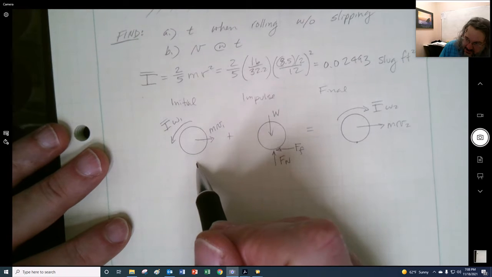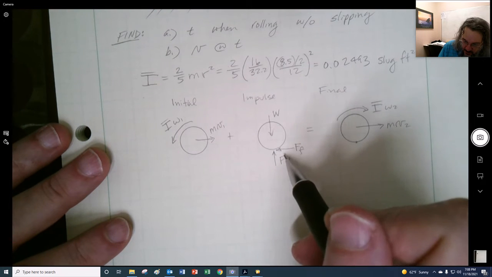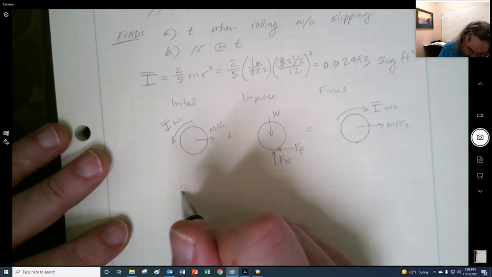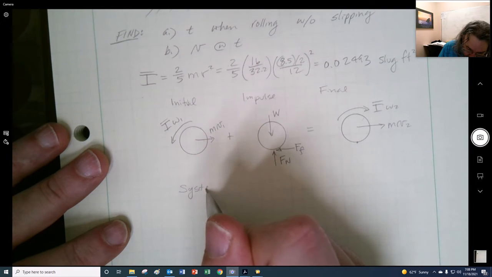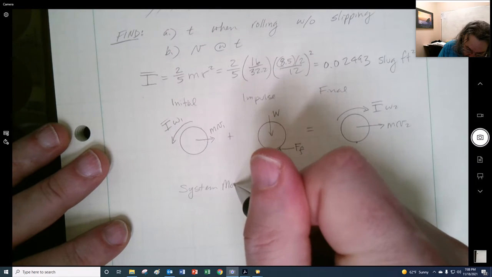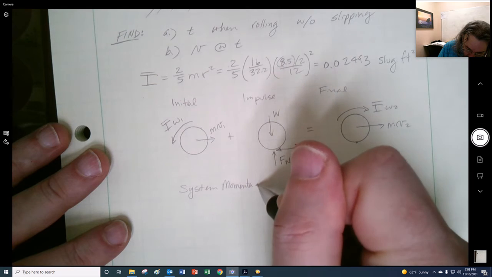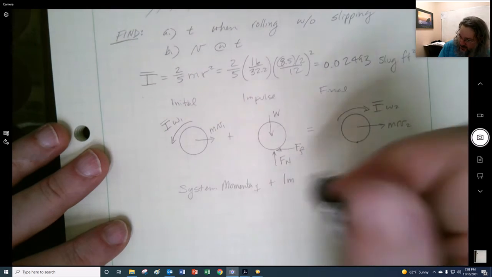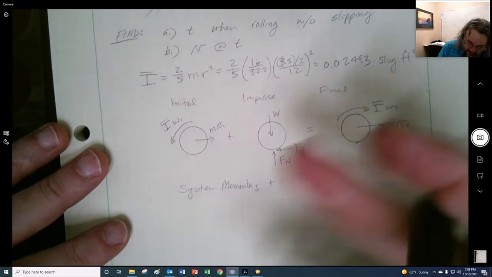What we're going to say is the system momentum is going to be equal to this. Well, now we could figure out the system momentum. Let's write this: system momenta 1 plus the impulse, or maybe we should say the external impulses.